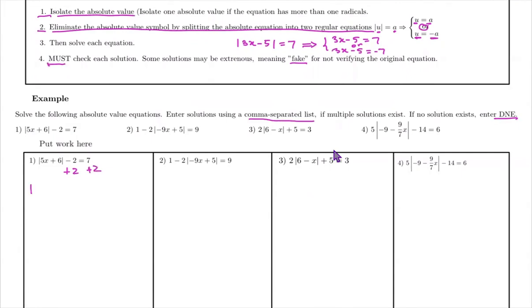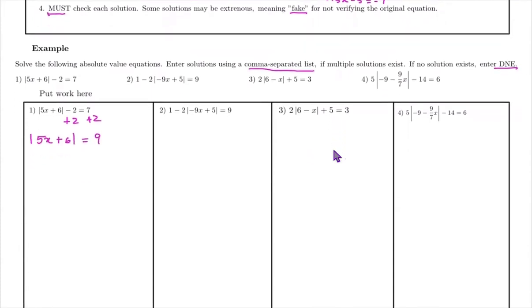Then we'll have absolute value of 5x plus 6 equals 9. Now we can create two equations, 5x plus 6 equals 9, or 5x plus 6 equals negative 9.